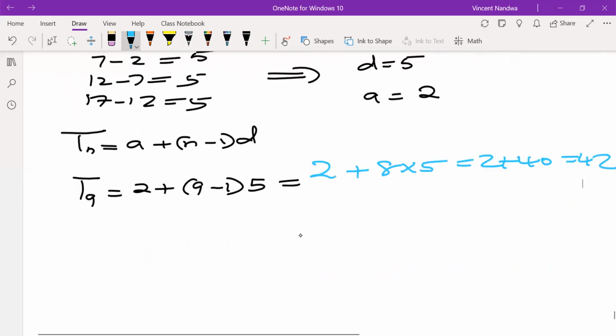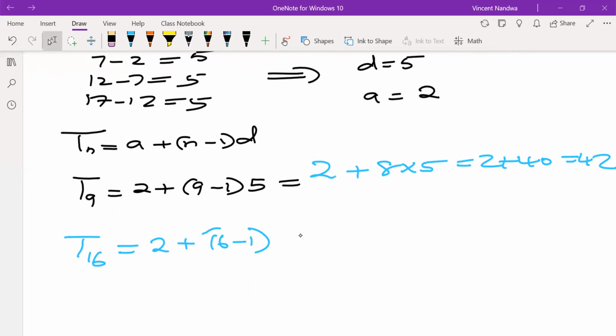And then the 16th term means n is 16, so we have 2 plus 16 minus 1 times 5, 2 plus 15 times 5, so 2 plus 75, which is 77.